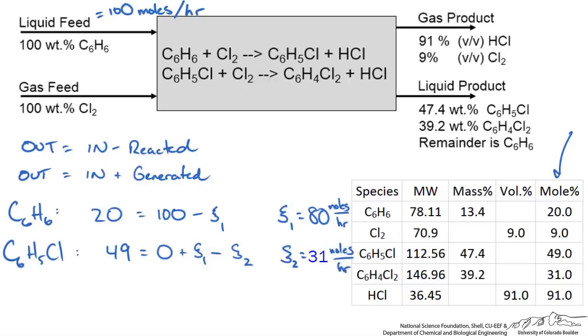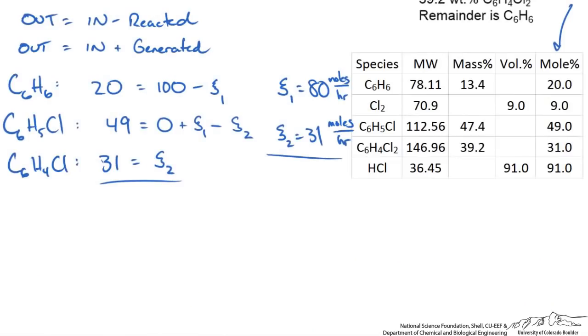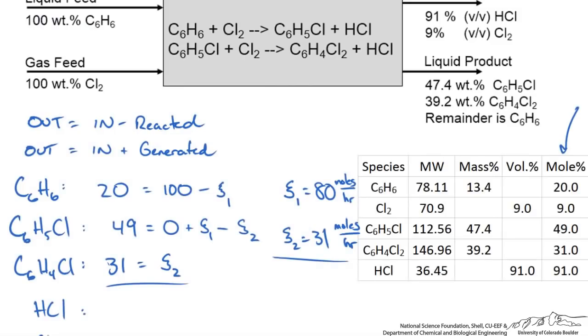So I could also write this for dichlorobenzene. And for dichlorobenzene, it's just what comes out, which is 31 moles per hour, and this is equal to the extent of reaction 2. And we can write this for HCl as well as for the chlorine gas. Now for HCl, we produce it in reaction 1.